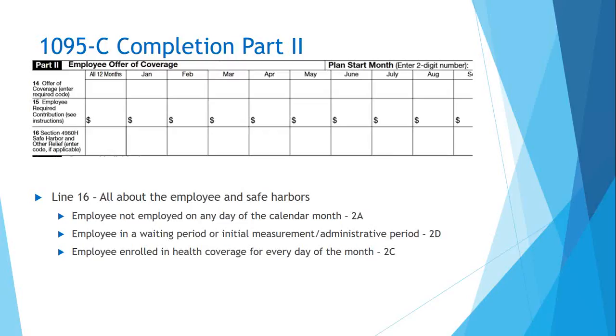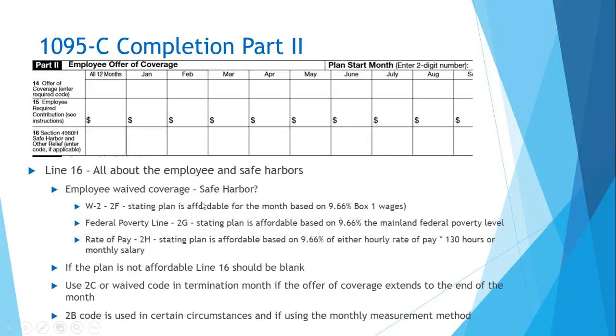If the employee is in a waiting period, if it's their first month of employment, or if they're in an initial measurement or administrative period, then you can use code 2D. When the employee enrolls in coverage, I suggest you use 2C, and if they waive the coverage, you can use a safe harbor code as long as the plan is affordable to the employee. If the plan's not affordable to the employee, line 16 must be left blank.